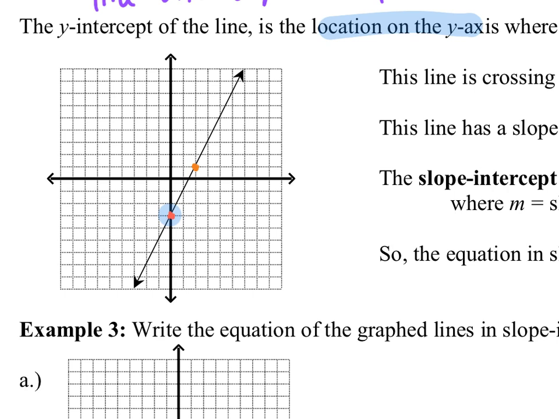So slope is rise over run. How much do I need to rise to go from one point to the other? You always go from left to right. So the leftmost point, start on that one. So I'm rising 4, and then I'm running 2. Okay. So again, when you're looking at a graph of a line trying to find its slope, always pick 2 points.